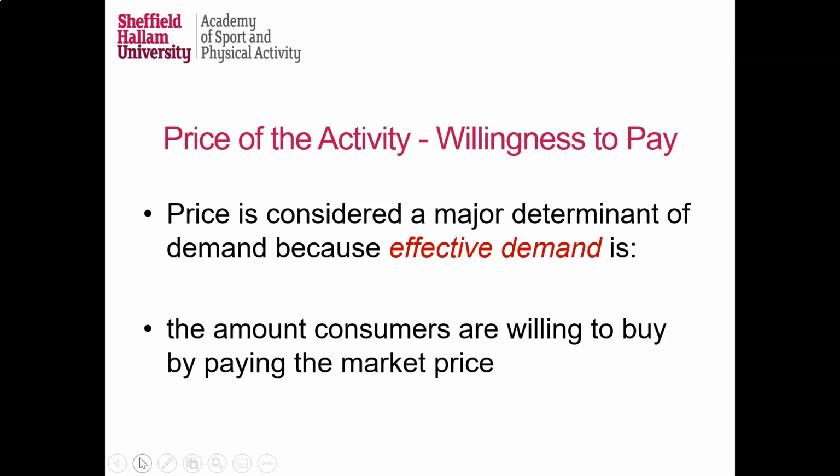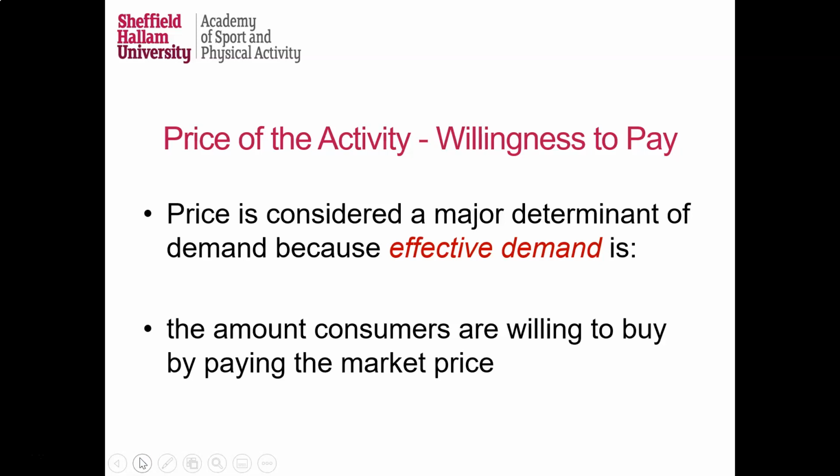So when we talk about effective demand, we're talking about, in economics, the fact that we have a notional demand curve, and where price is set and hits the demand curve, this shows us the amount that consumers are willing to pay or buy at a given market price.